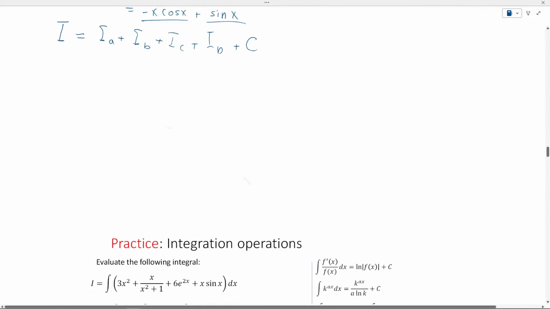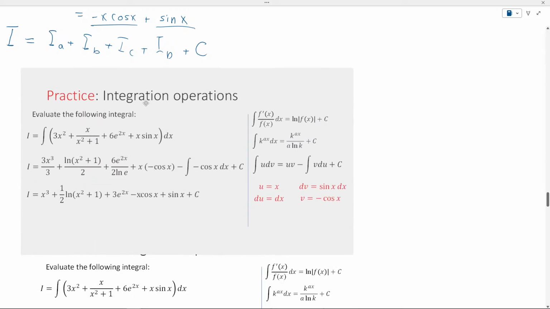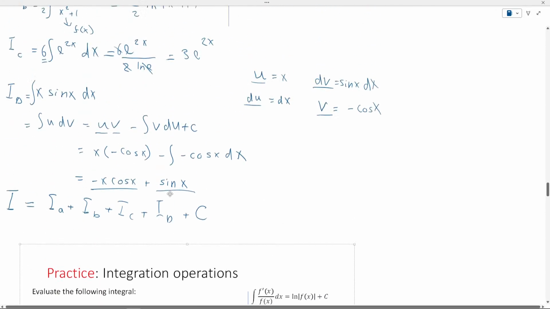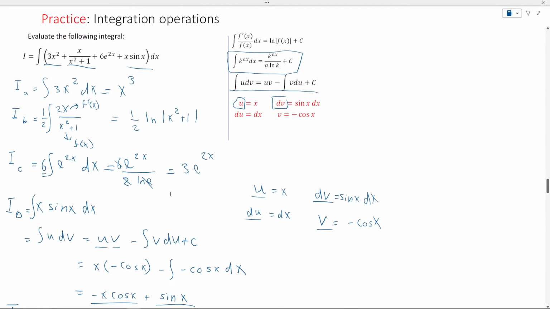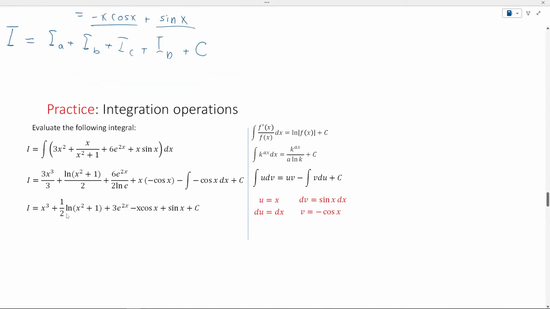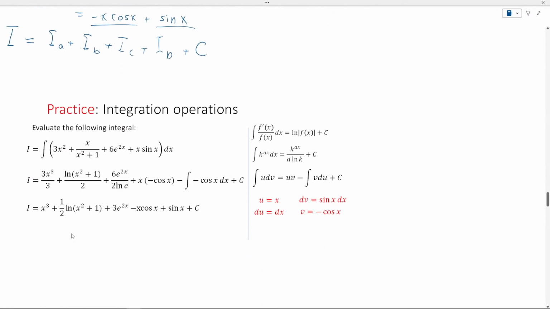So let's see if we did this correctly or not. So let's go here. I have one half ln x squared plus 1. Yeah, I got this one. I got the first one, x to the power of 3, which is here.